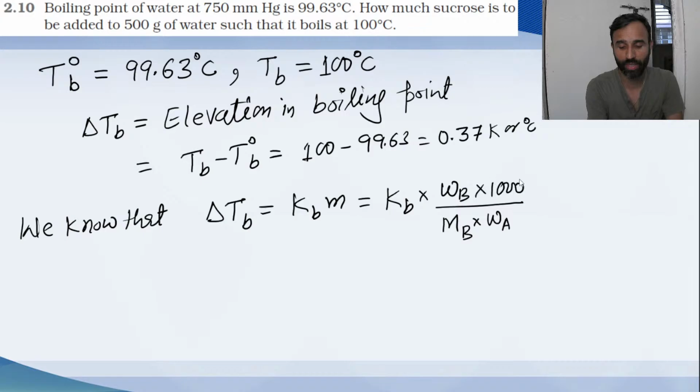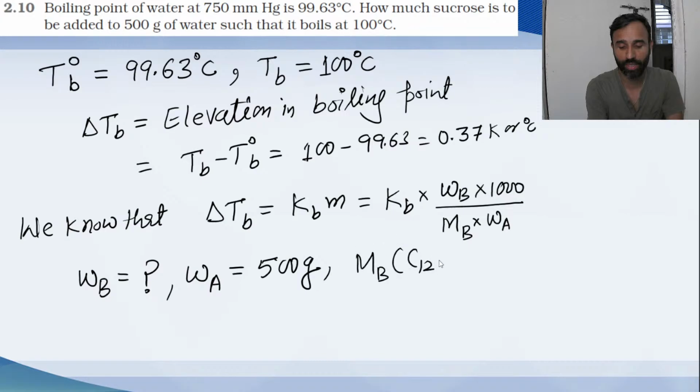Okay, so now WB, that is weight of sucrose, that we have to calculate. Weight of solvent, it is given to us. Weight of water is given to us because A is solvent and B is solute. Now, molar mass of sucrose.